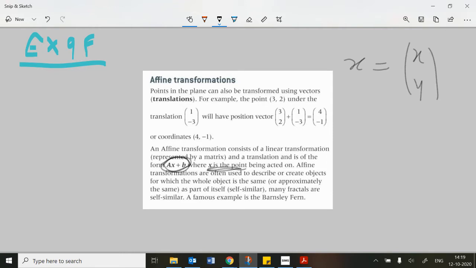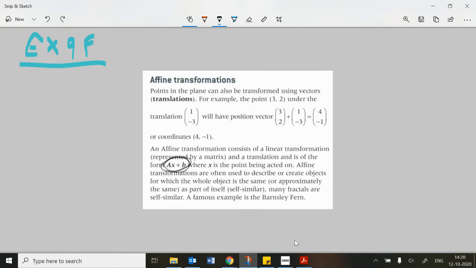So they're calling this some sort of vector X for our particular coordinate point, which could be (1, 2) or whatever it is. The X that they're using stands for a particular coordinate point, and we're going to be dealing with those in 2 dimensions.